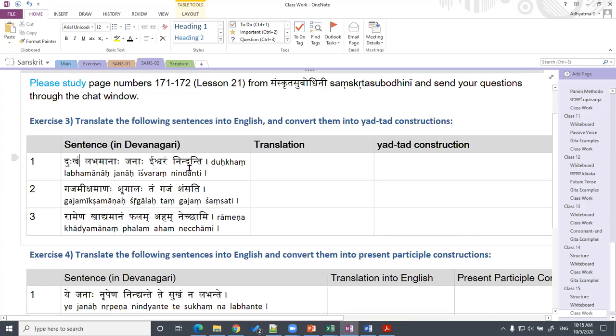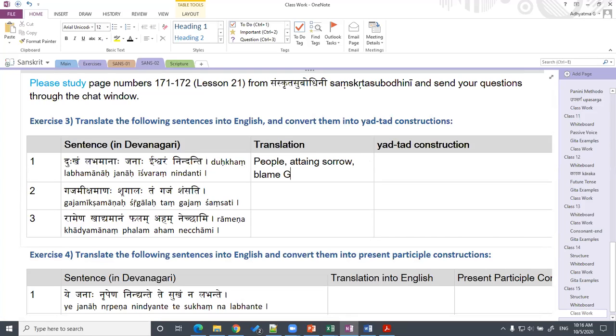Ishwaram nindanti, they criticize God or they blame God. So people attaining sorrow blame God.